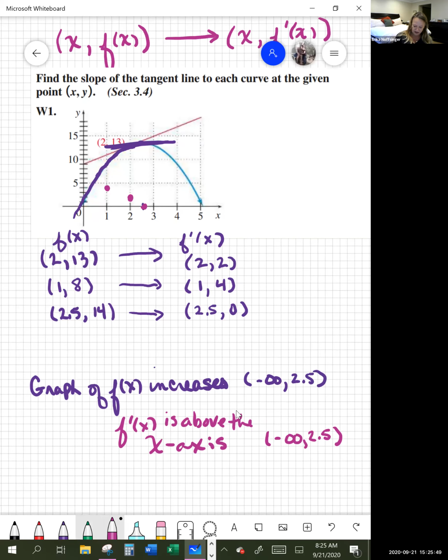Now, if we look at the graph where it's decreasing, at 2.5 it's going to change direction and start to go downhill forever. And so the graph decreases.